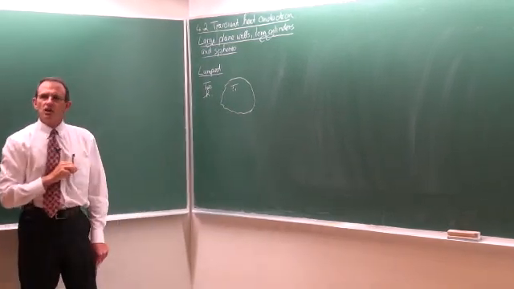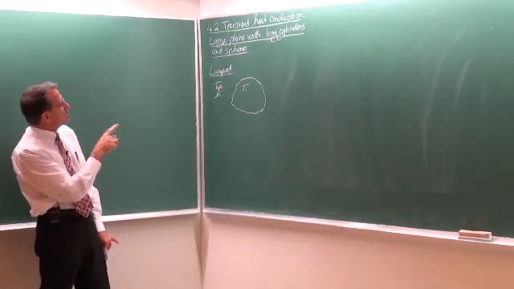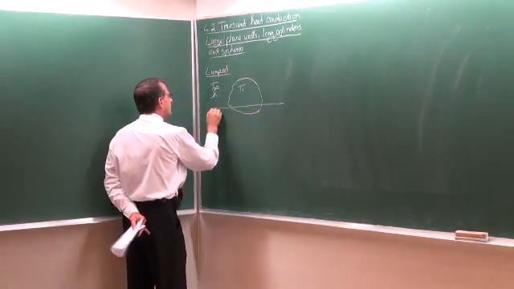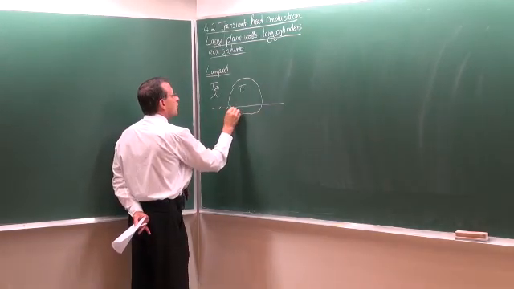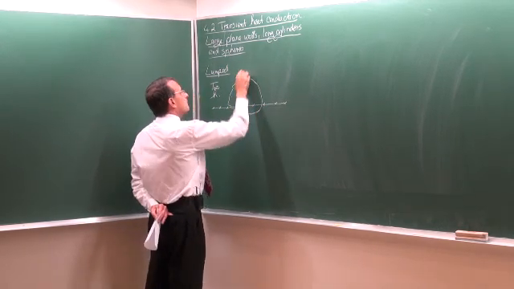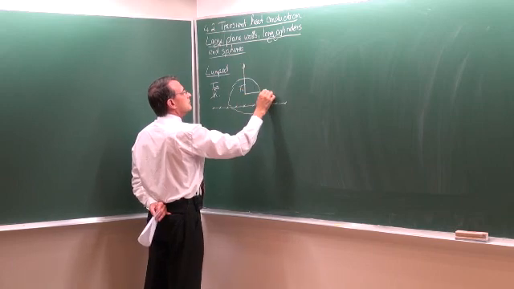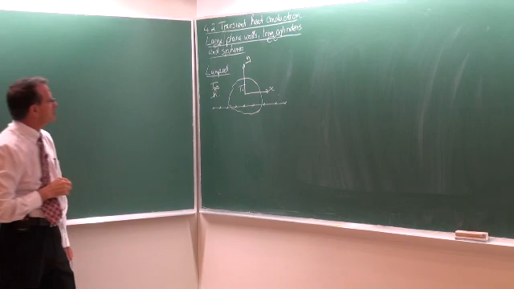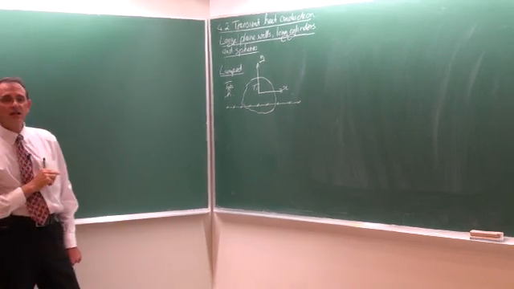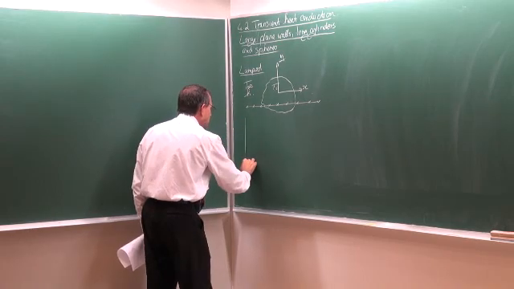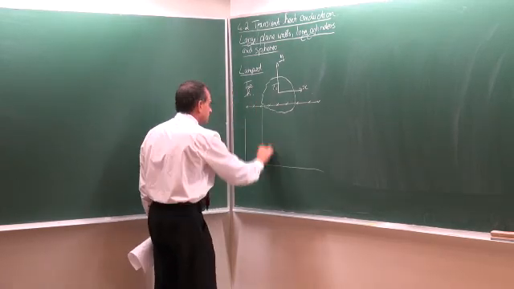So if we are interested in the temperature of this body, let's suppose we take temperatures along this plane. There's x and there's y, and we want to take temperatures at different discrete points.